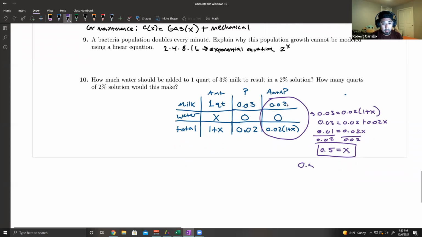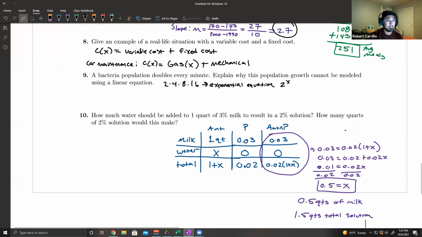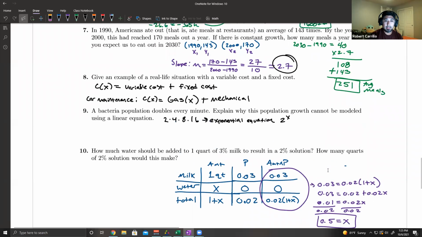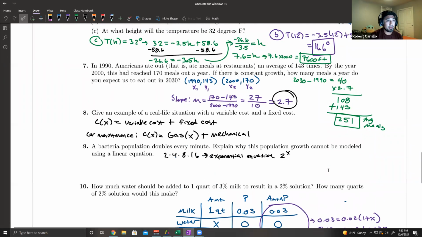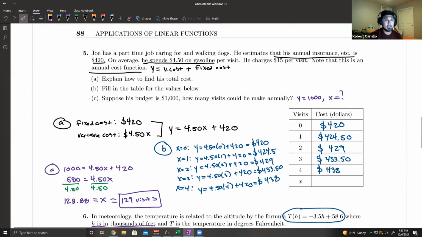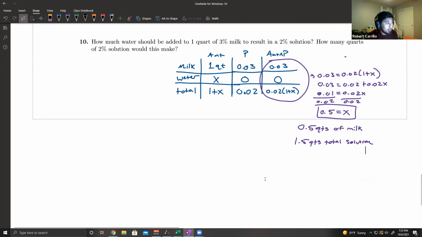So we put that 0.5 quarts of water and 1.5 quarts total solution. Okay, cool. And that is applications of functions, which means that those notes are done, which means we're done. So let me stop recording here.